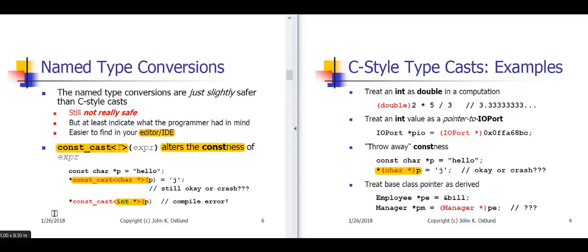So the named casts are more tightly focused, which hopefully makes things more clear to the developer and makes it safer in the compiler to narrow the kinds of casts that you're doing.